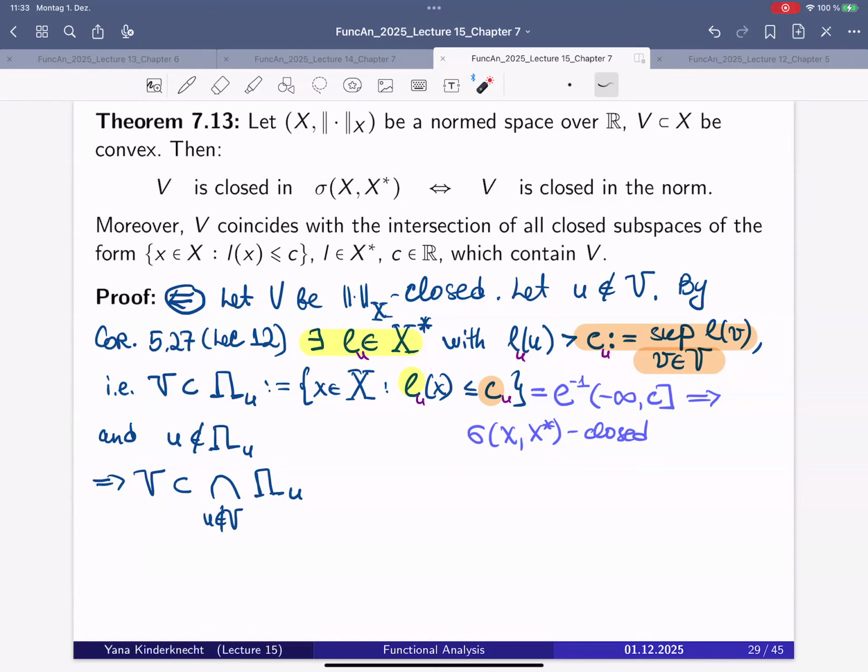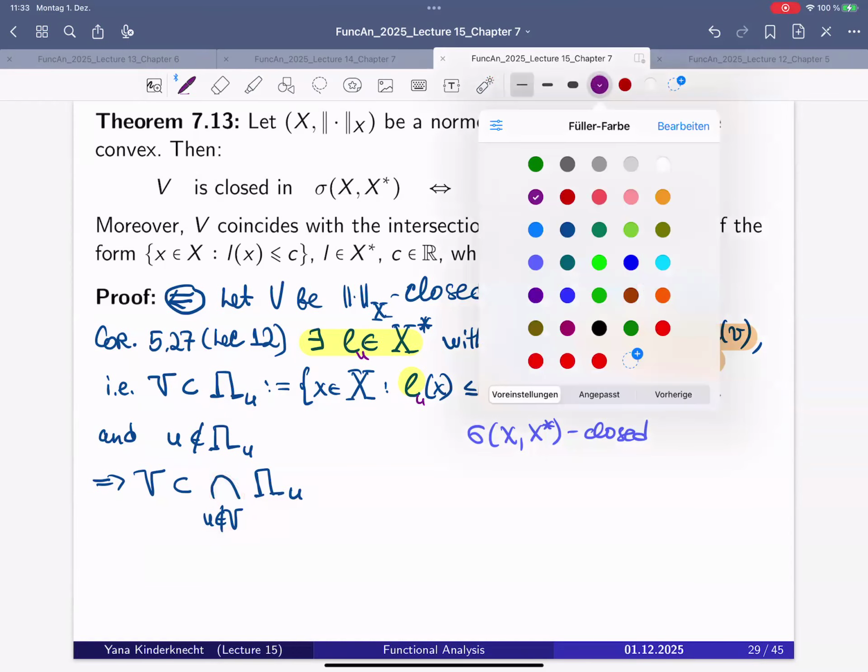Moreover, we see that this set PU is closed in this sense. Hence, the intersection of closed sets is again closed, by properties of closed sets.